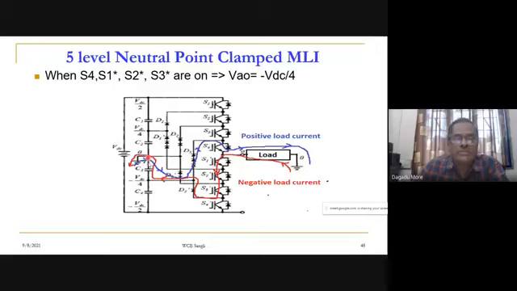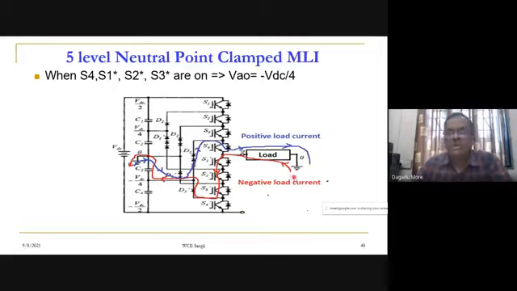So here we can take a positive current in this direction, and so this will be from this negative of this, let us assume, and this diode D3 will conduct through this, it will come to S4, and through this it will be a positive current.